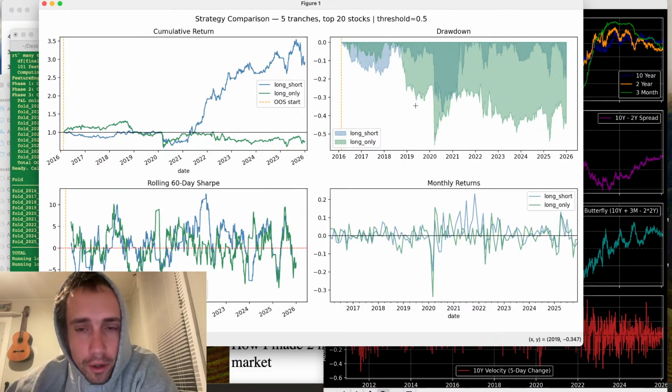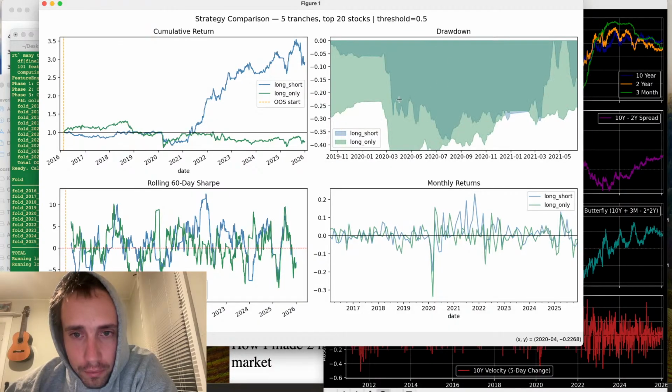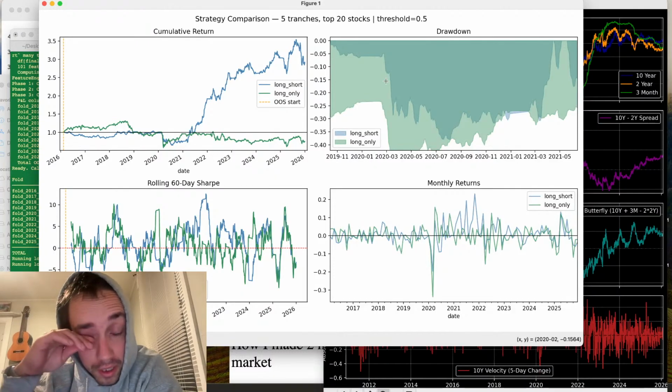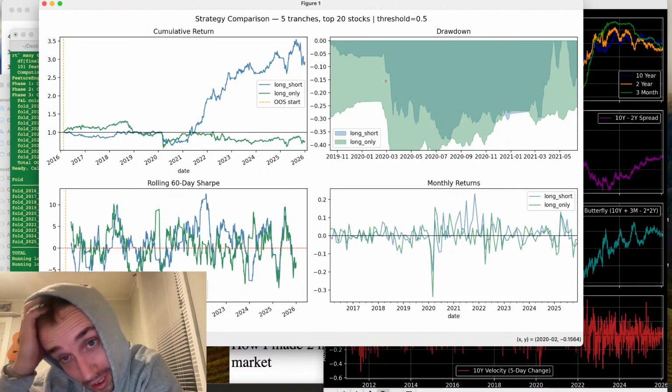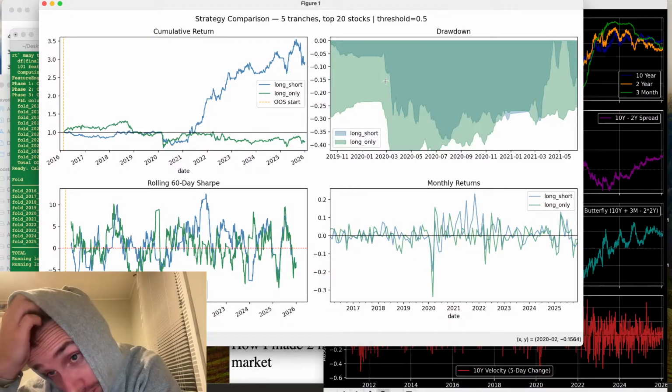But yeah, here's the problem: the drawdown, like for instance here. That's a pretty significant drawdown. I go negative from, what is this, March 2020 to March 2021.